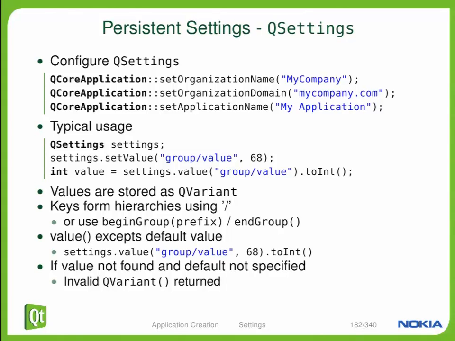Now, sometimes you might have a very deep hierarchy of groups, and it's a lot of typing, and could be error prone to type in group/group/group before all your value keys. To get around this, you could use a function called beginGroup. So you would begin a group on the settings, maybe called MainWindow position.